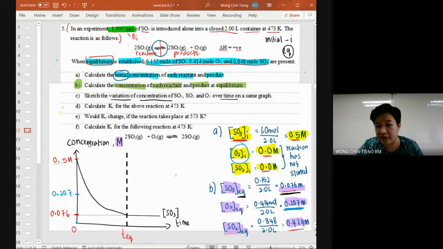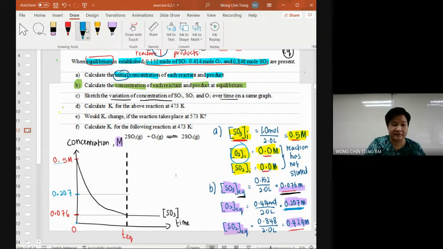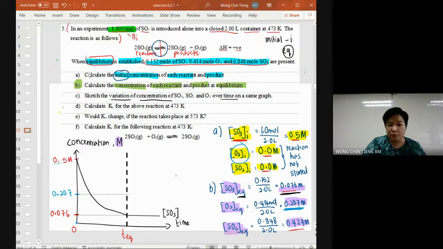Tapi dia kena logic. So, I started with 0. Saya kena bergerak sehingga 0.207. Sama, ambil pembaris. Extrapolate satu line daripada 0.207 sehingga your time equilibrium. Letak satu line ni. Line ni wajib. Dalam exam nanti pun kalau kamu kena lukis, inilah cara kamu lukis. Okay. So moving from 0, sama, dia adalah naik.